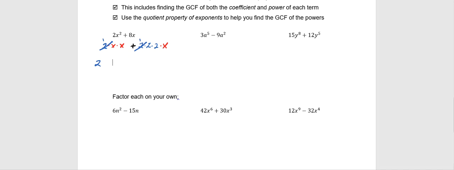Now, looking at the first term, the only prime factor that there was, in this case the 2, has already been factored out. There's nothing more I can factor out in terms of the common coefficient factors. So now I will move on to the variable components of these two terms. So I will look again.